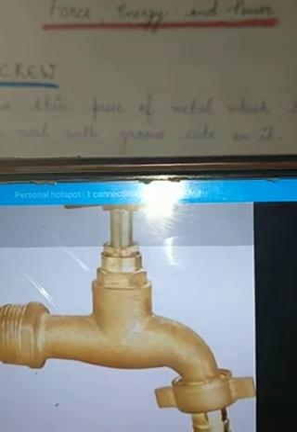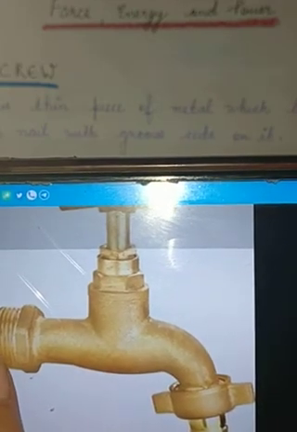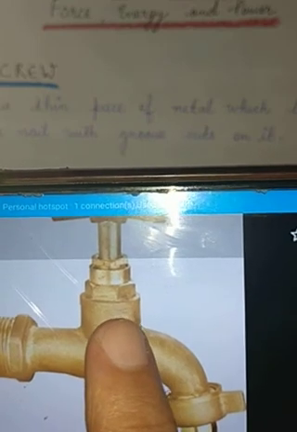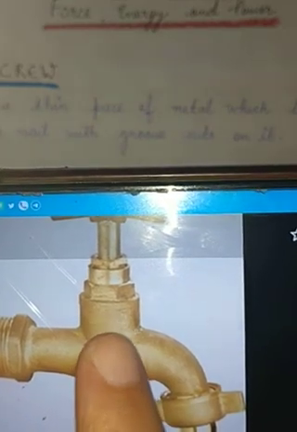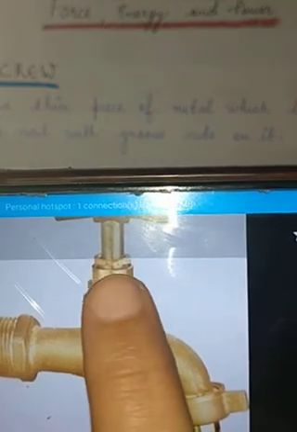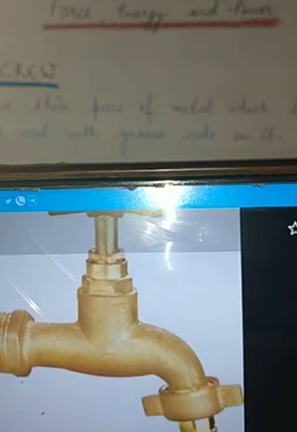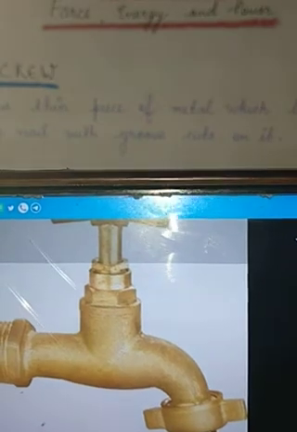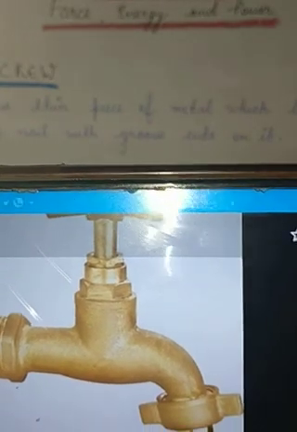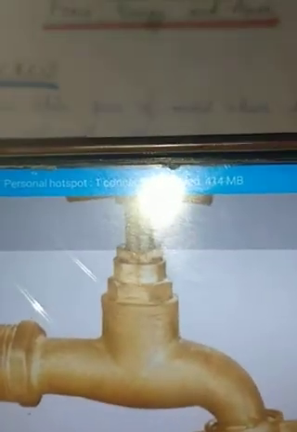When we turn a particular tap on or off, the screw plays a very important part there. So these are some examples of screws, and the main function of a screw, as I have already told you, is to bind two things together.